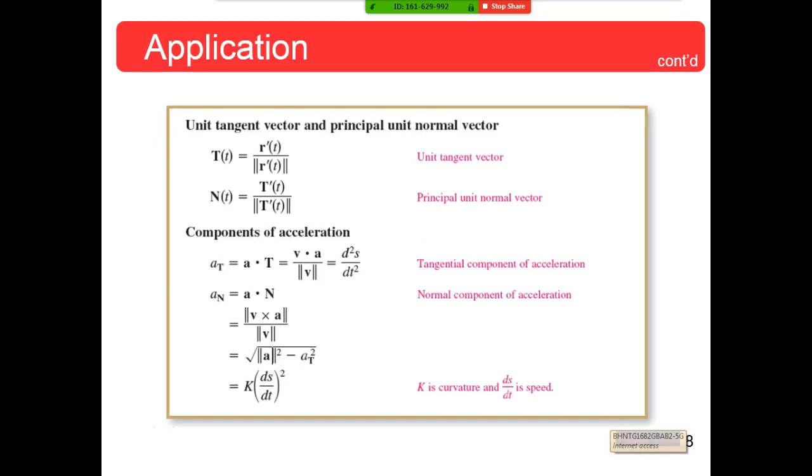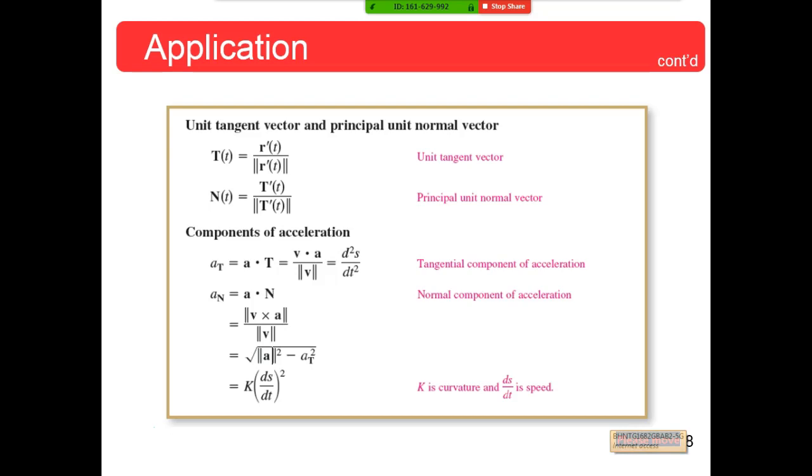Now, what are those unit tangent and principal unit normal vectors? The unit tangent vector is merely your r prime of t divided by the magnitude of r prime of t. It's got to be in the direction of your tangent, okay? That's r prime of t, and it has to be magnitude 1, so you divide by the magnitude of that. And what is a unit normal vector?